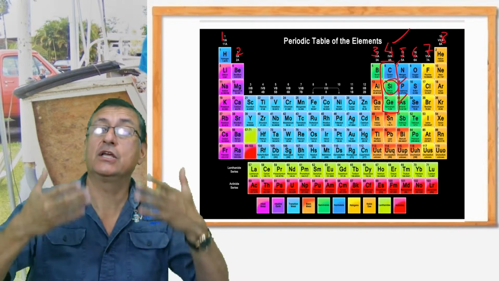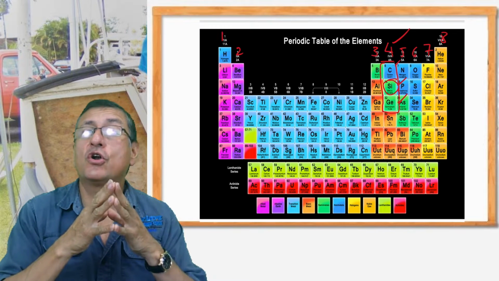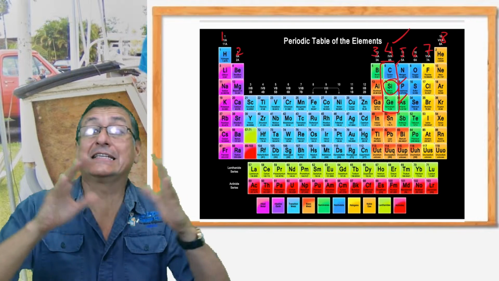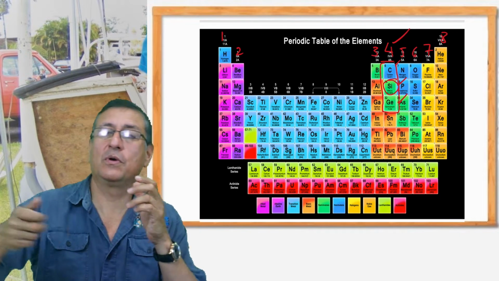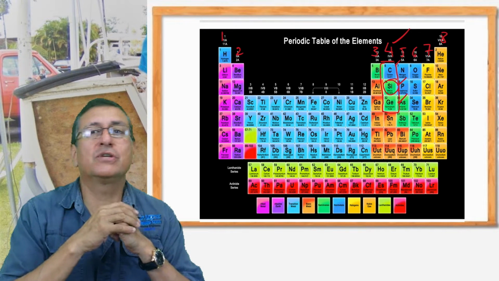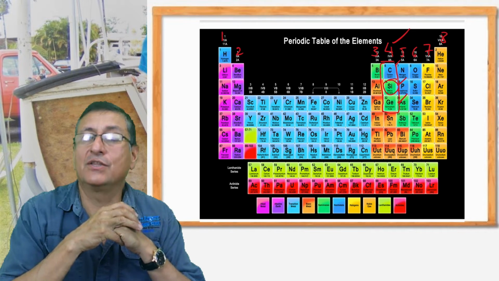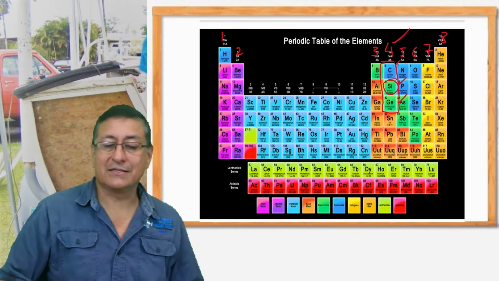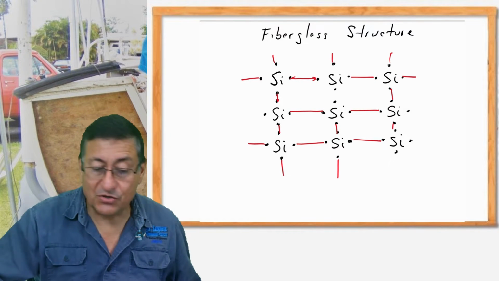And additionally, those structures do not react. Those structures are stable. If you try to add chemicals or other elements, those elements do not affect those structures in carbon fiber and silica fibers. Look at this. This is the typical fiberglass structure.